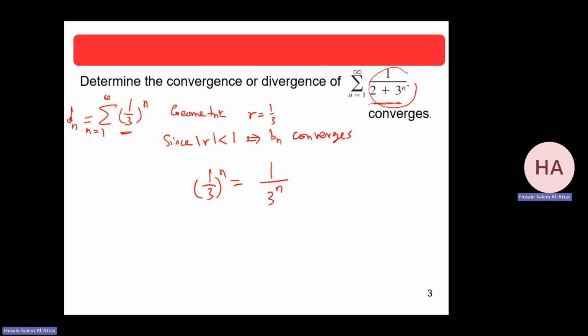Now, if I make the denominator bigger, then the value will be smaller. So 1 over 3 to the power n is greater than or equal to 1 over 3 to the power n plus 2.